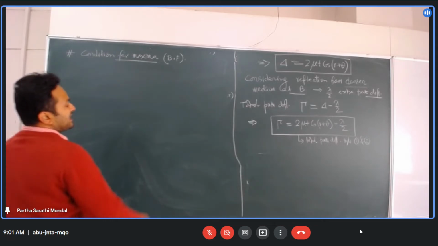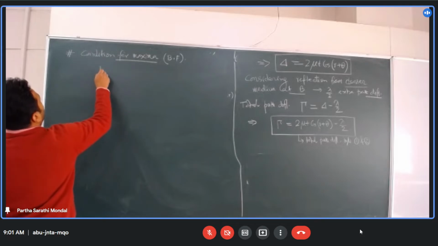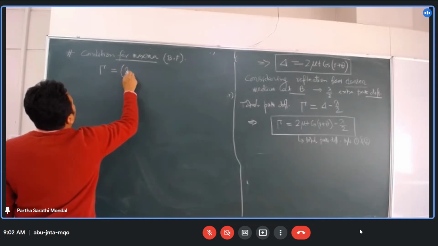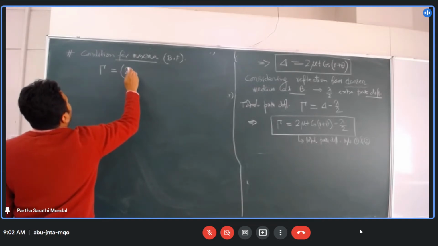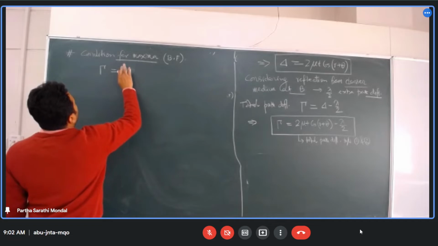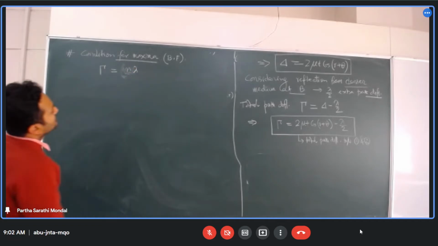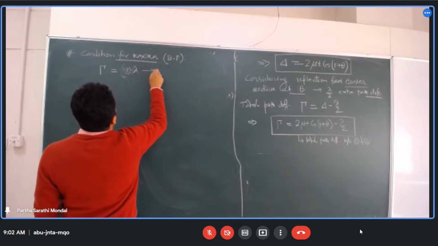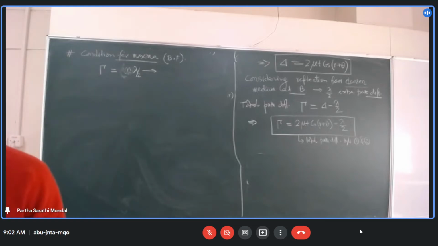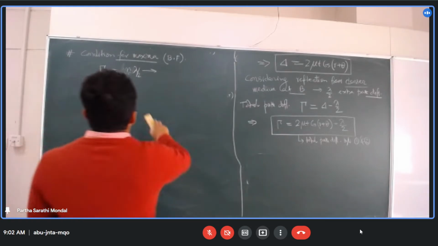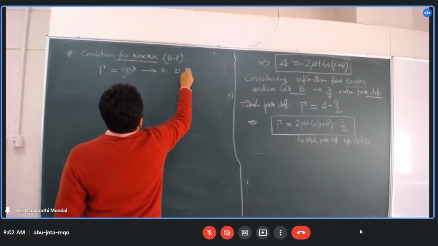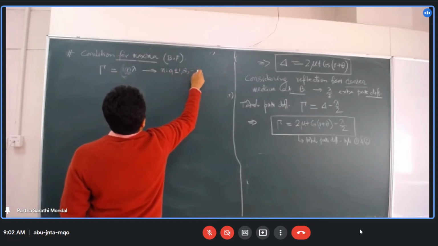In that case we know the condition for maxima, the total path difference should be n lambda, or rather n into lambda by 2, where n equals 1, 2 like that, or 0 also.